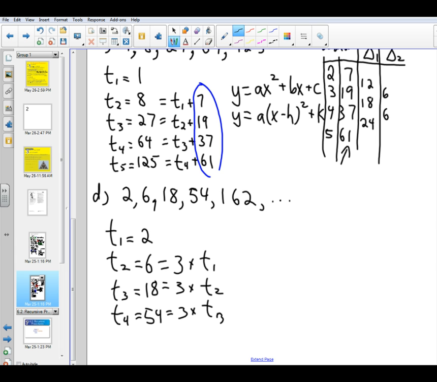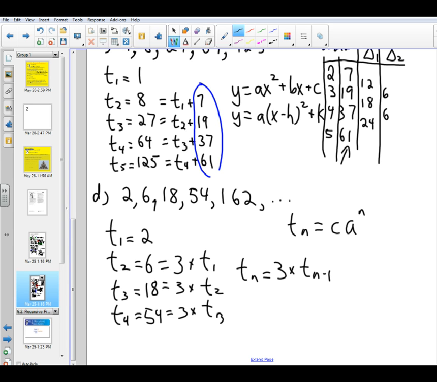This would be one that would have a formula that would fit, explicit model, Tn equals c times a to the n. And here we could look at, for the recursive formula, much simpler. The nth term is equal to 3 times the previous term.